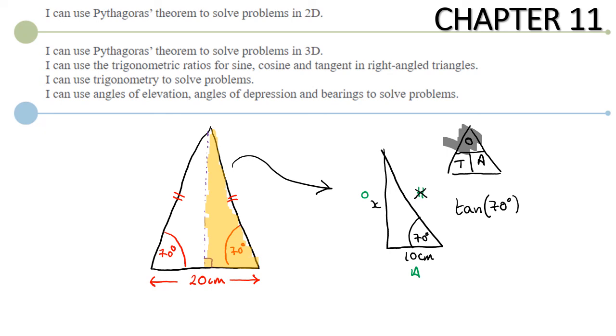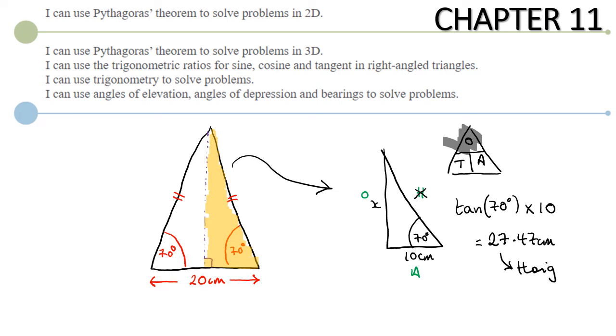Sine, cos and tan are useless without angles. Times by the adjacent, which is 10. So that would give us tan 70 times by 10, and we get something like 27.47 to 2 decimal places. So that will be the height of the triangle.